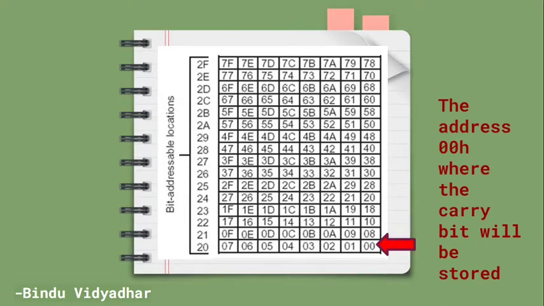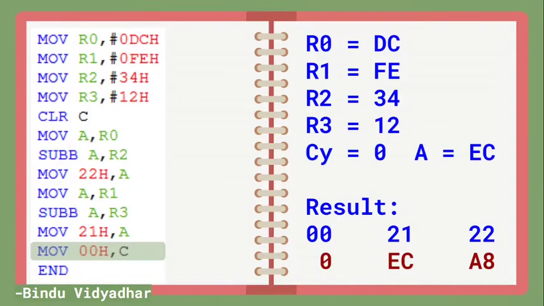Here we store the bit in 00H, so the number in location 20 will be 1. If we store the carry bit in location 01H, then 20H will show 02 and so on. The borrow, if generated, will be stored in location 00H of byte address 20H. In this case it is 0.